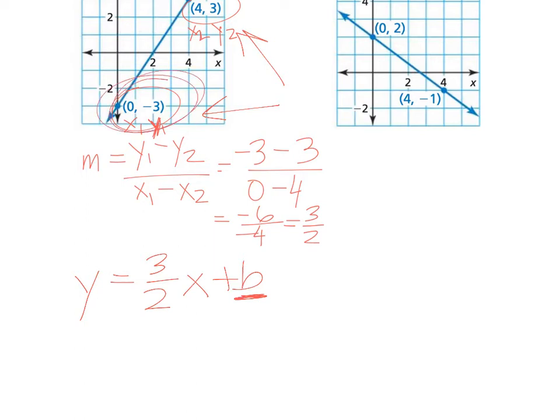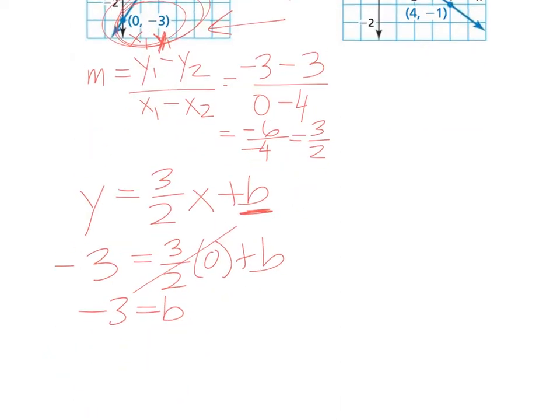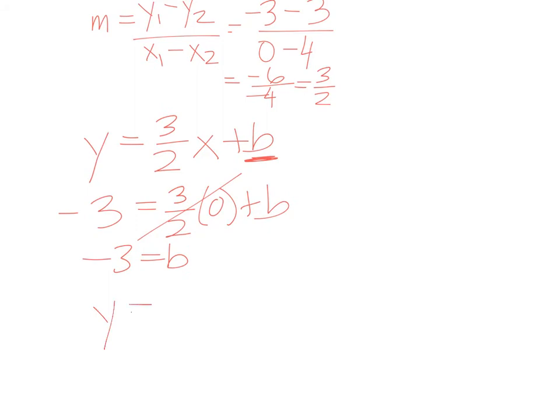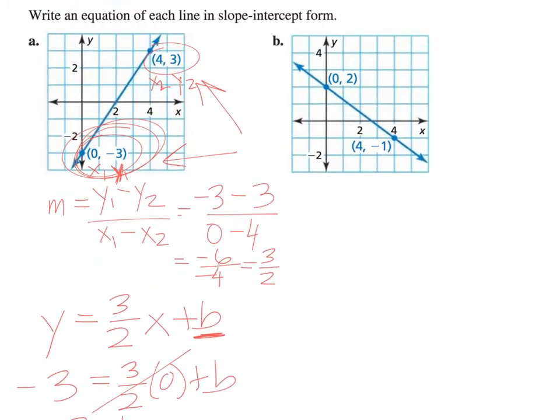This one contains 0, so that's going to make my life easier. Plug 0 in for x. That term is gone, and I get -3 equals b. To complete the equation, I have y equals 3/2 x minus 3. Done. On to the next one.